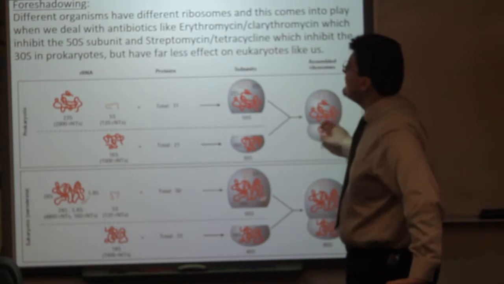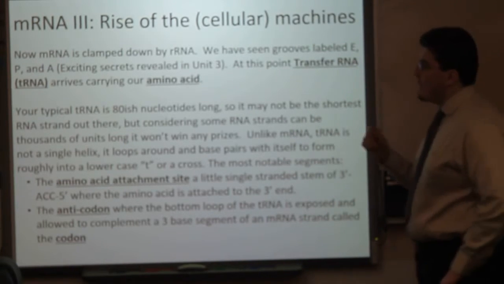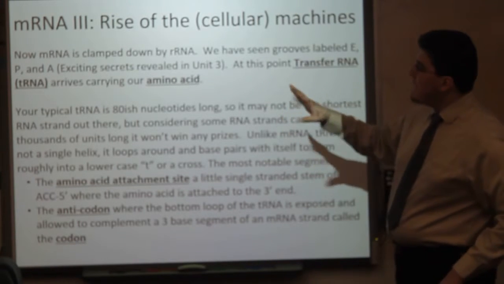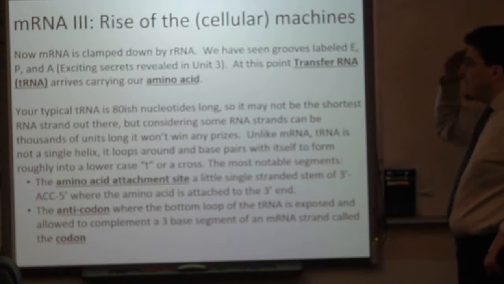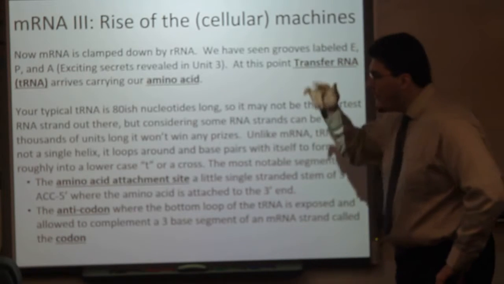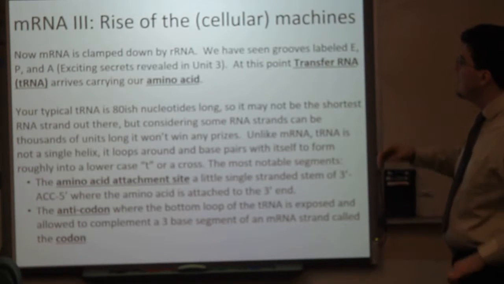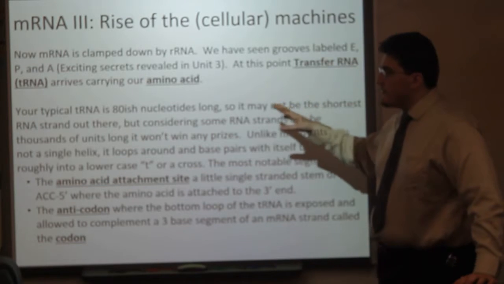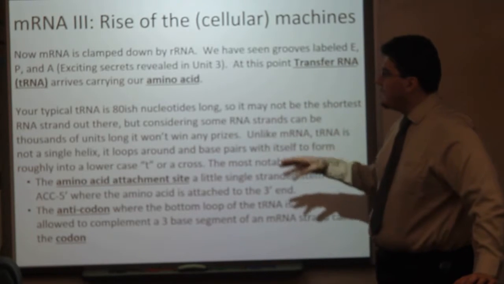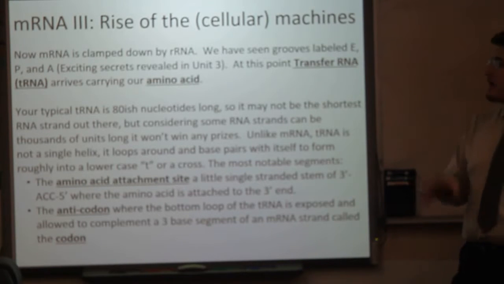Okay. So, the mRNA is now clamped down upon by Mr. Clampy, our ribosome. We've seen the grooves labeled E, P, and A. At this point, we have the transfer RNA, tRNA.